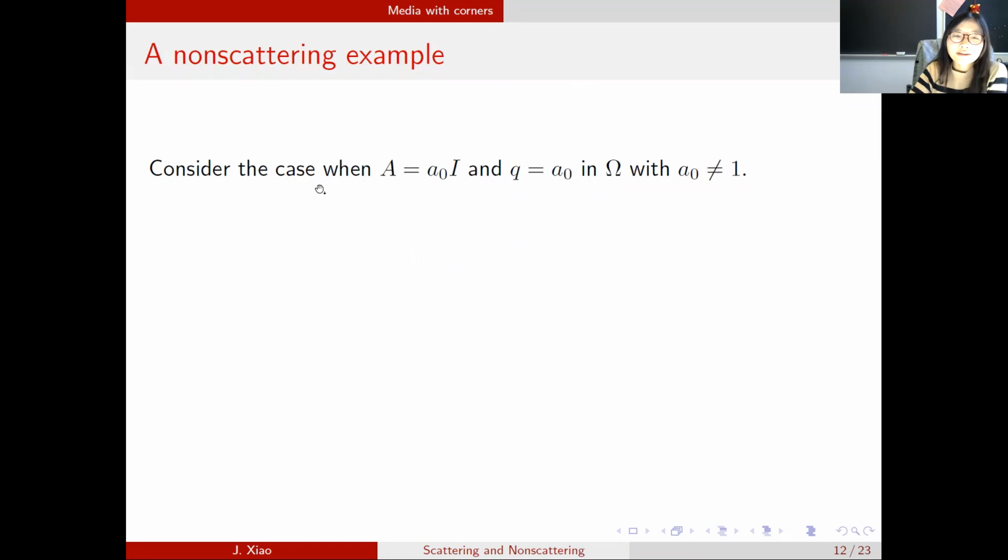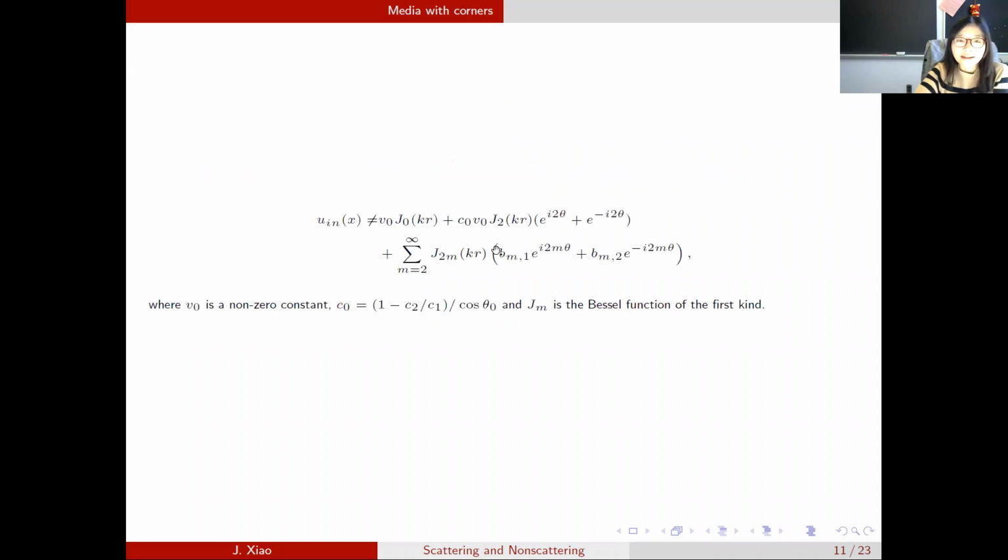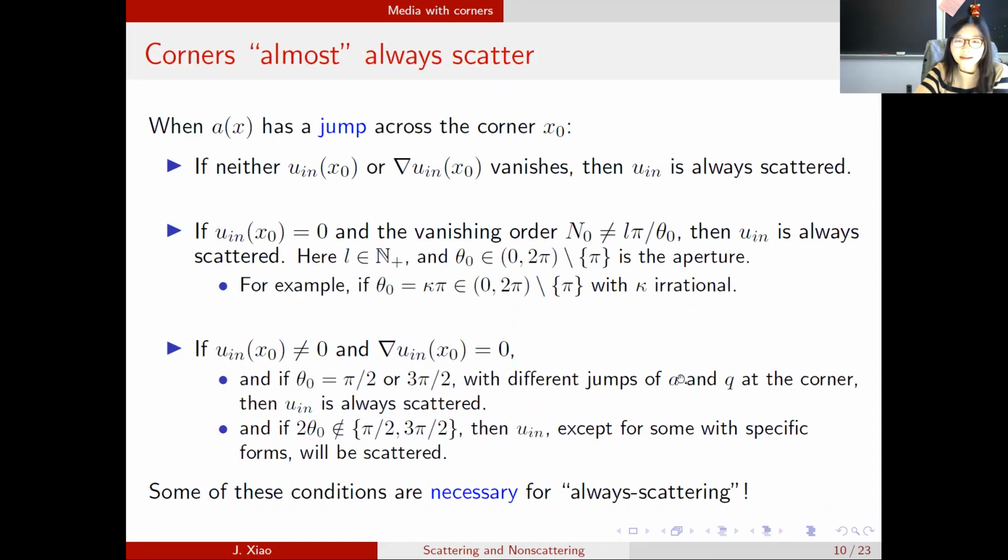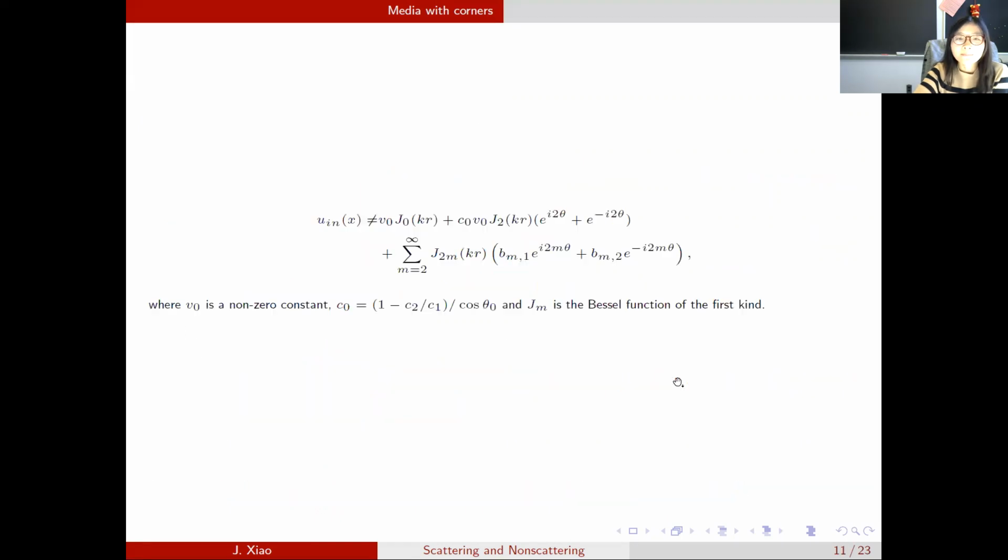So we will consider the case, suppose A is a scalar overall, a constant, which means A is just a constant and Q is the same constant, which doesn't satisfy the condition that the jumps of A and Q are different.